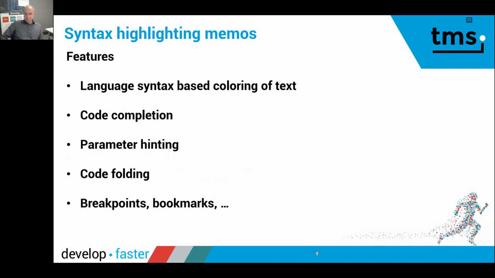So first of all, an introduction into the syntax highlighting memos. What are the memos about? It's all about language syntax-based coloring of text to make your code, or for example, also SQL statements, JSON data, etc., more readable to the eye by applying specific colors to specific elements that are in the memo. For code, the concept of code completion is also important and available.